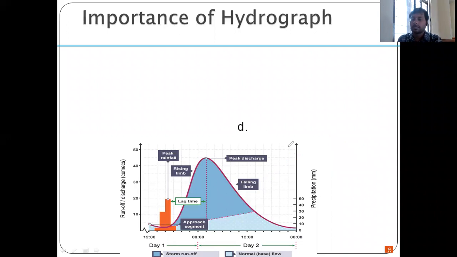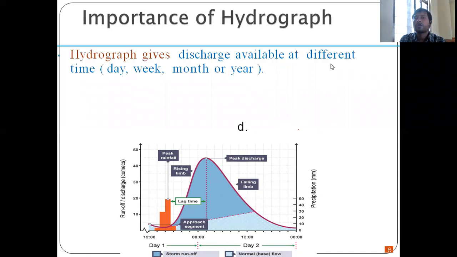So let us discuss the importance of the hydrograph. First, the hydrograph gives the discharge available at different times, daily, monthly, or yearly. It tells how much discharge there is on a particular day, a particular month, or a particular year.